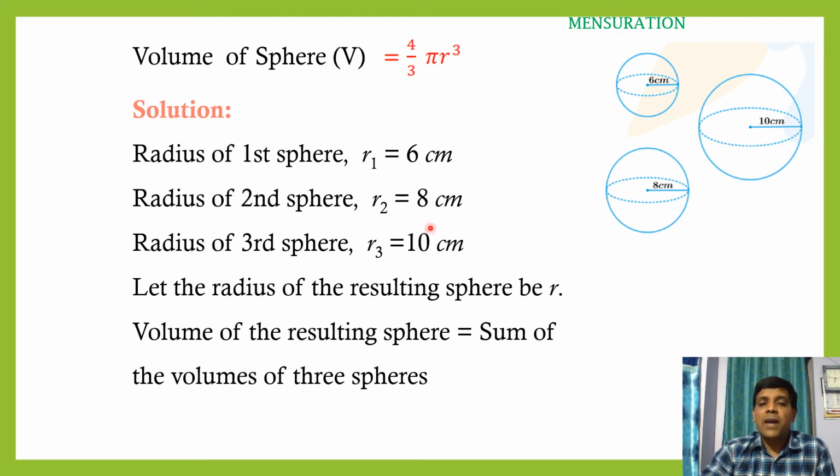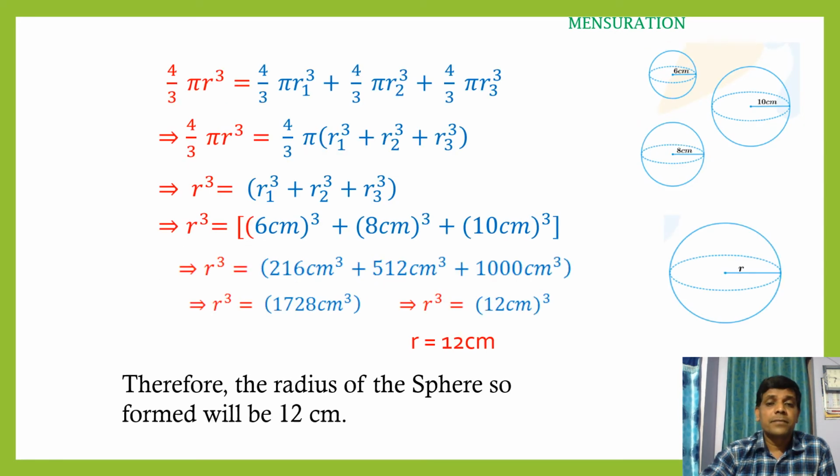Now replace the values in the given formula. Coming to the next step: this is the small r1, small r2, this is the small r3. These represent the small spheres. These three small spheres are melted and recast into one large sphere. The radius of the large sphere, or new sphere, is r.